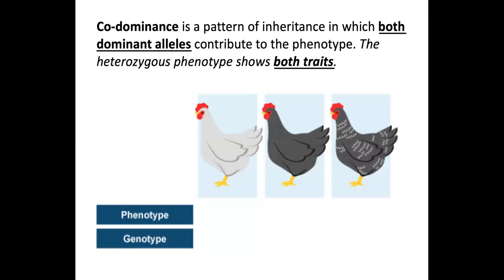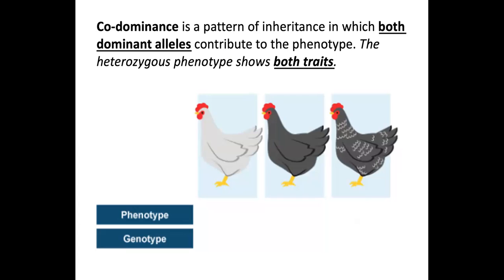So instead of us getting a mixture or a blend, now we are going to see both traits or both colors, okay? So the genotype is going to look the same in the box with the alleles, but the phenotype is going to look different because that is going to be both traits, both colors, okay?